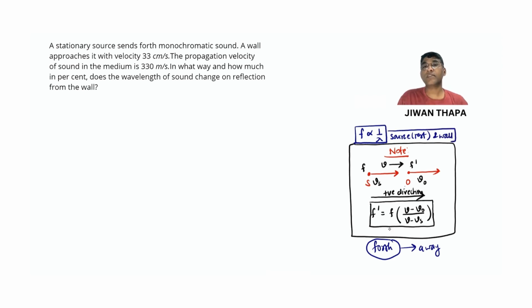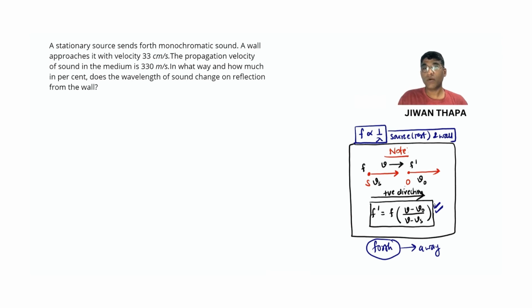So we need to understand this, and we are going to generalize this expression in this problem. This expression is for source moving towards observer and observer moving away from the source, and the direction from source to observer is taken as positive.